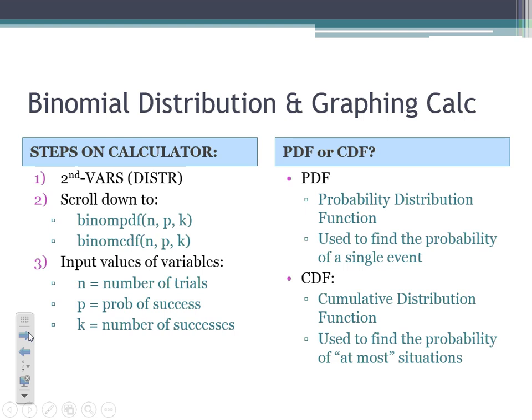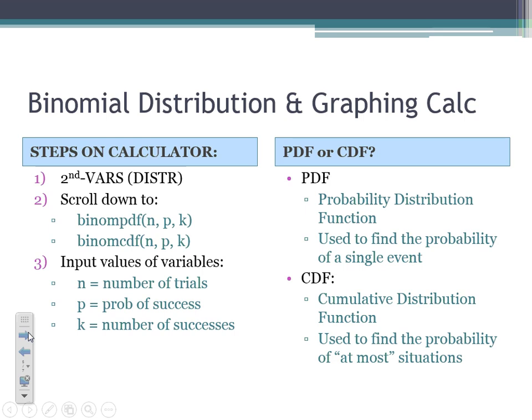Well, if we stop and think about it, that's the number 5, or 4, or 3, or 2, or 1, or 0. It's 5 and below. That's where that at most setting kicks in. And that's what we want to keep in mind as we think about whether to use a PDF or a CDF.